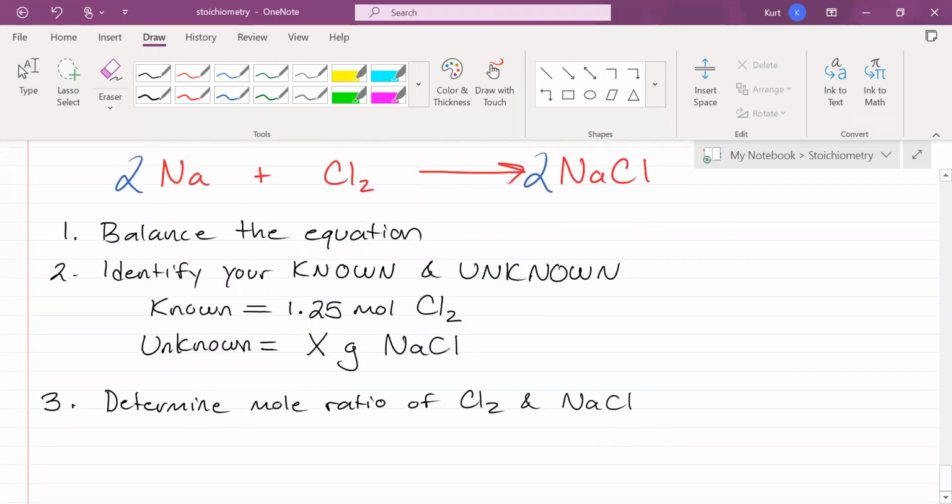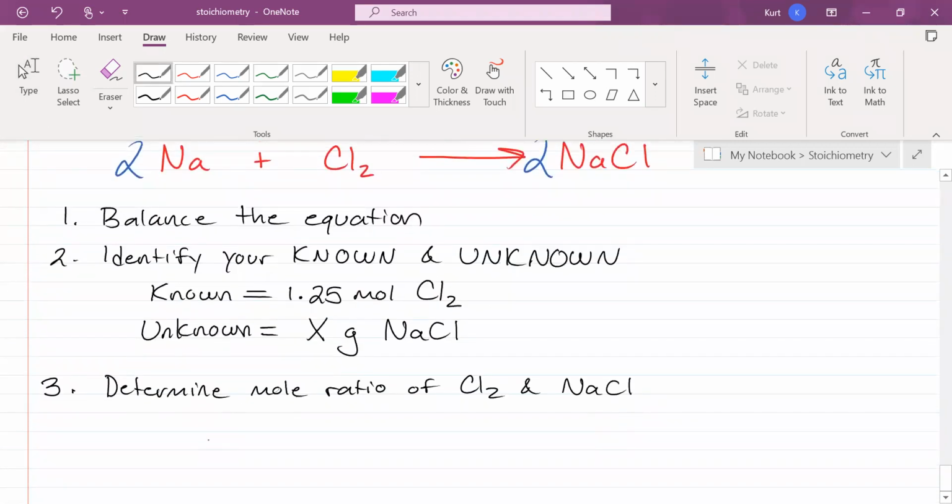Jade, how many moles of chlorine are there? 1. 1 mole of Cl2 is equal to, how many moles of sodium chloride are there? 2. Good. There it is. That is your mole ratio. Well done. So far, so good, guys.